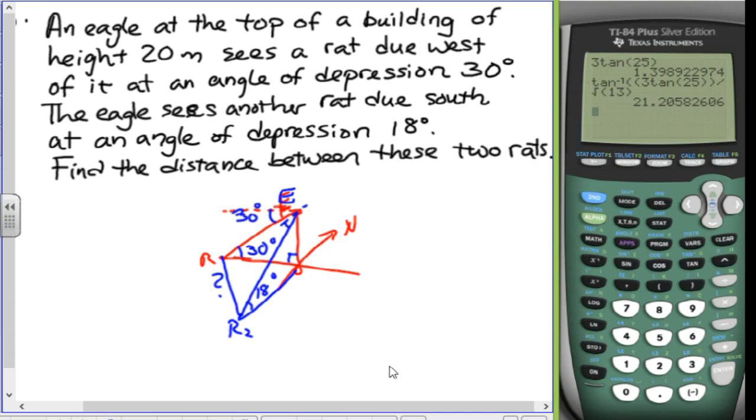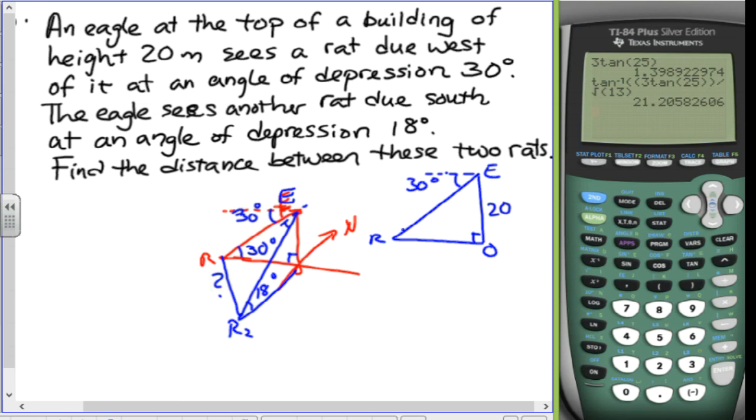First, trying to figure out the first right-angled triangle. The first right-angled triangle of interest is this one. This is O, this is my R, and this is my E. The height of the top of this building is 20 meters, and the angle of depression is 30 degrees.